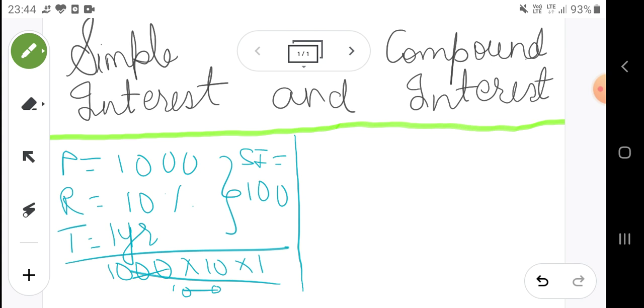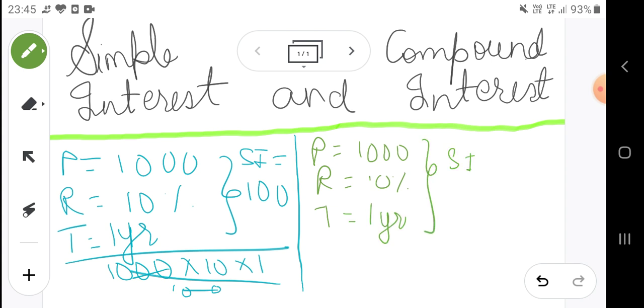Whereas if I talk to you about compound interest, let's say principal is rupees 1,000, same 10%, time 1 year. In this case, you have to find SI. As we know that SI we have found here only. Now, by this can you all find the amount?